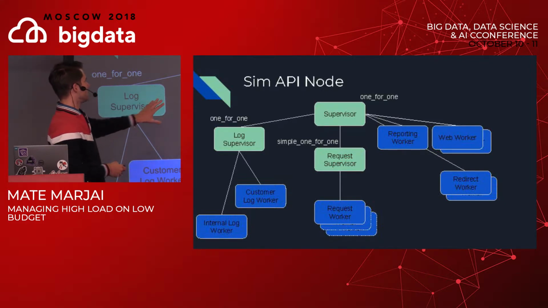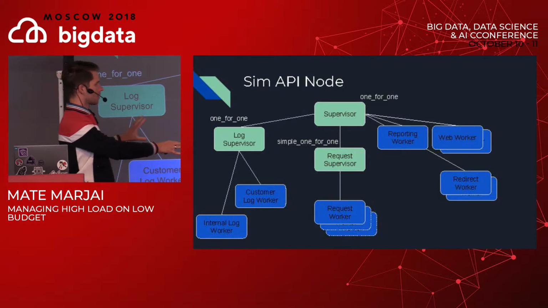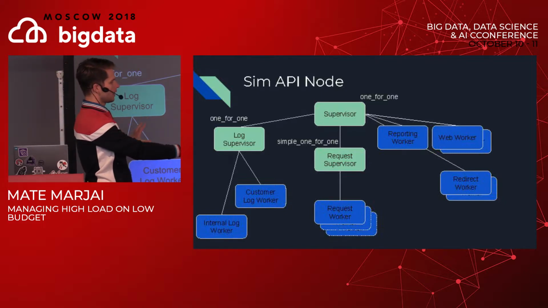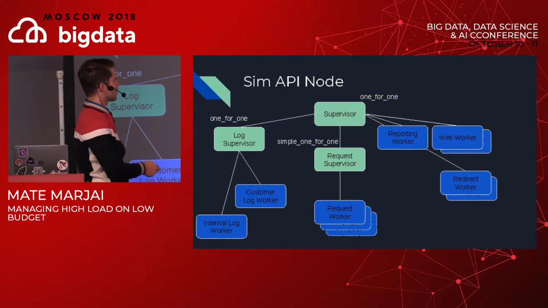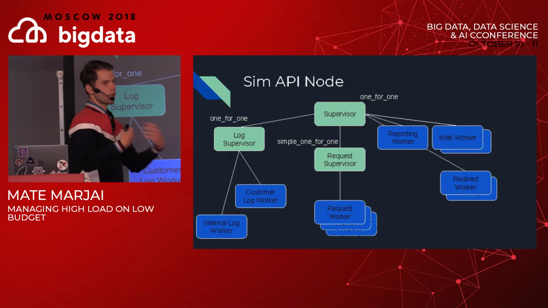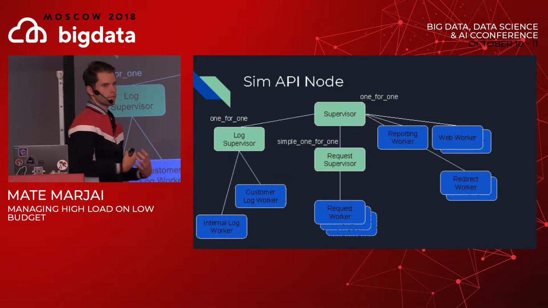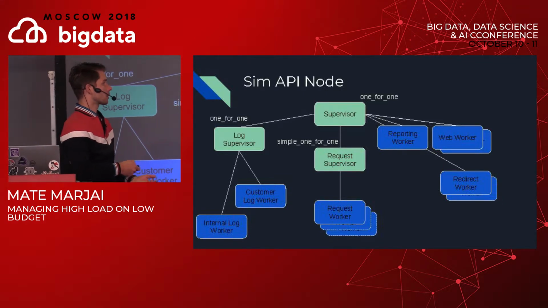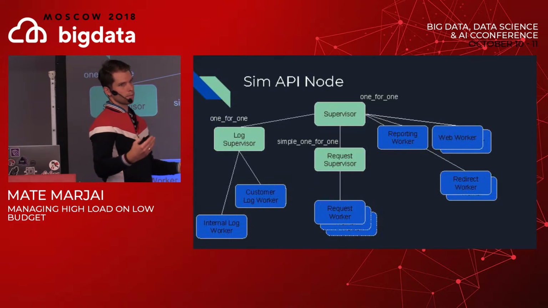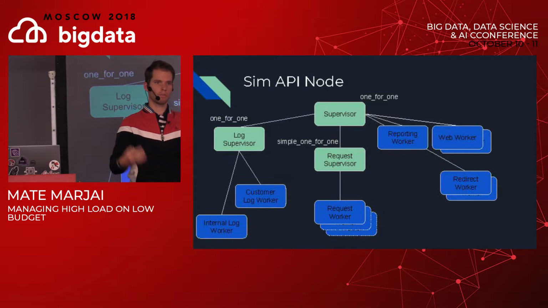So we ended up having a couple of processes that each had a single responsibility. For example, we had a reporting worker, which was reporting back to us all the happenings, all the events triggered from a single HTTP request. We had a web worker, or a couple of web workers, which were responsible for accepting incoming traffic.